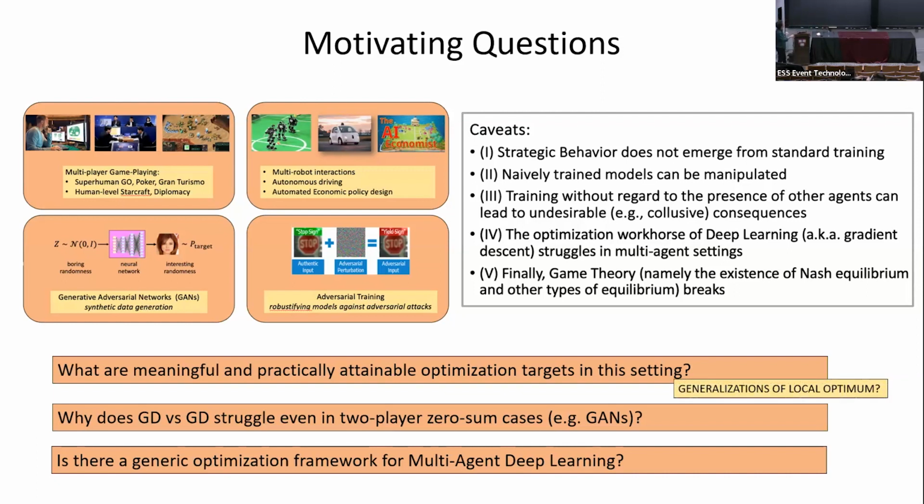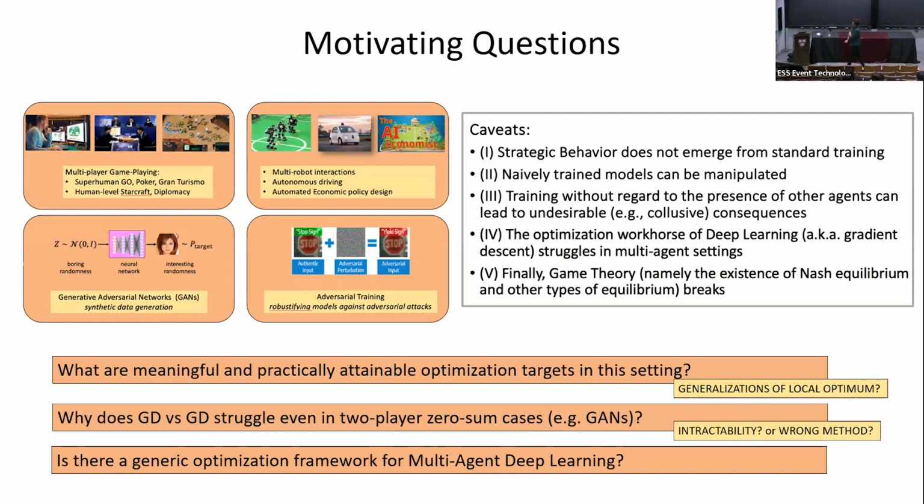The sub-question I want to ask towards answering the first question is: in single-agent deep learning, because global optima are intractable, people are targeting local optima. Is there such a thing in the multi-agent world, like some local notion of equilibrium that is guaranteed to exist?